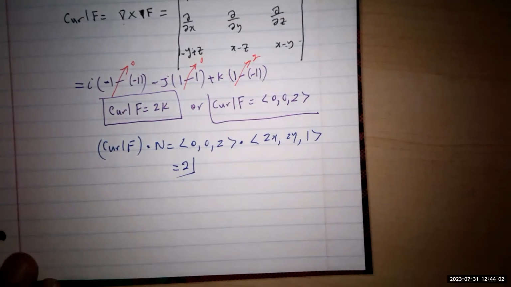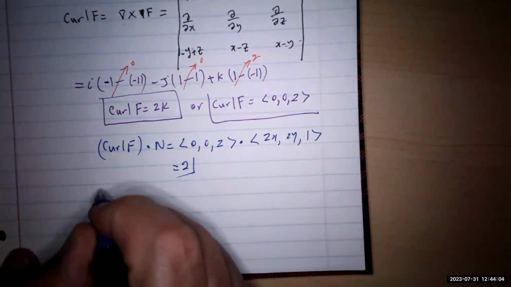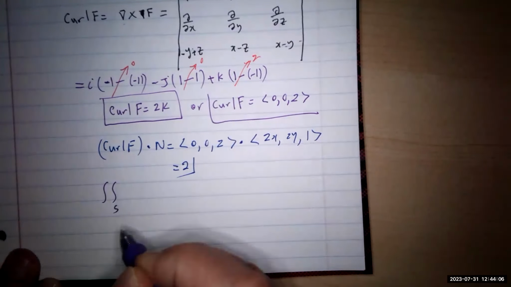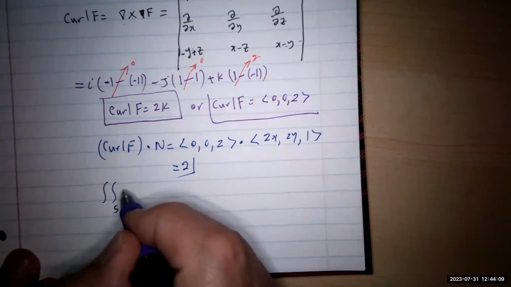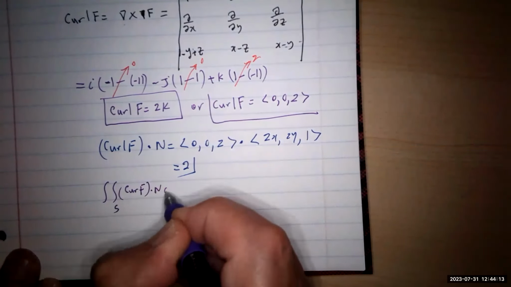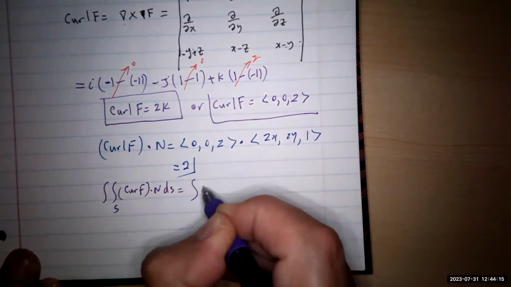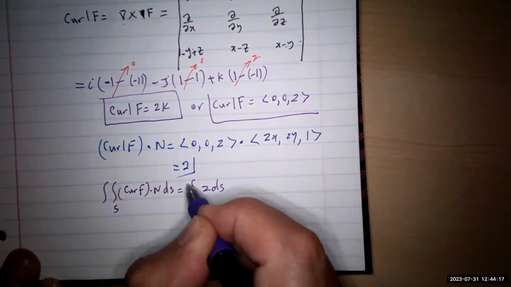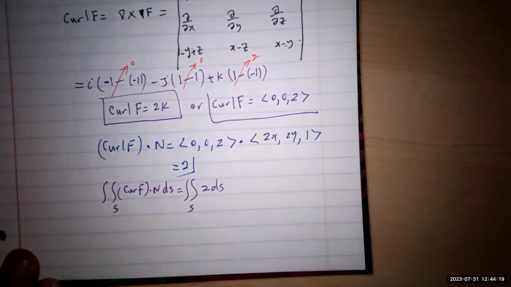Now I'm ready to get the surface integral. This is it, the surface integral. I have the curl of f dot n dS, so that gives me 2 dS. So we change it.